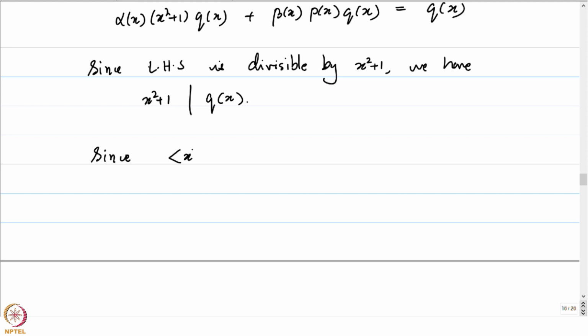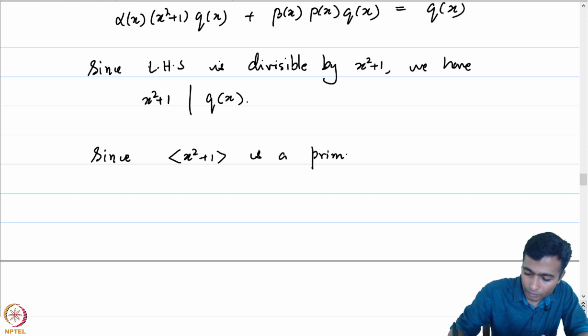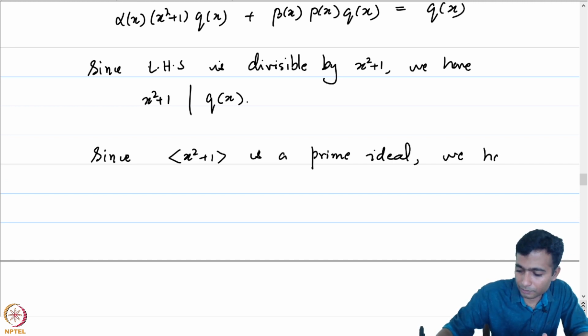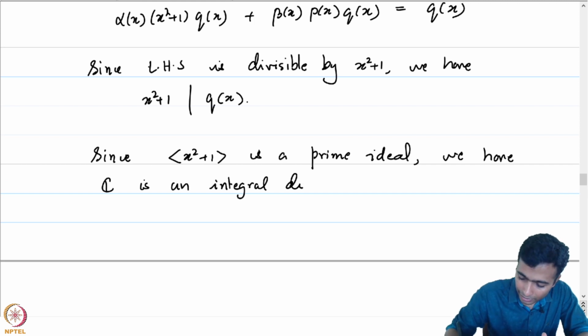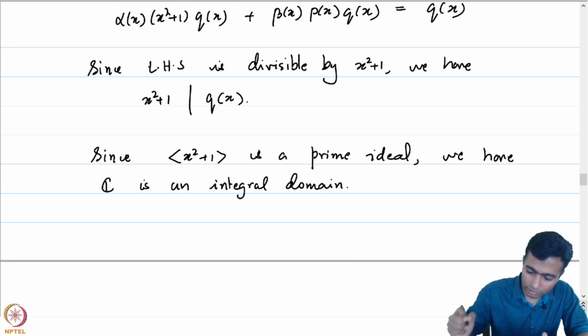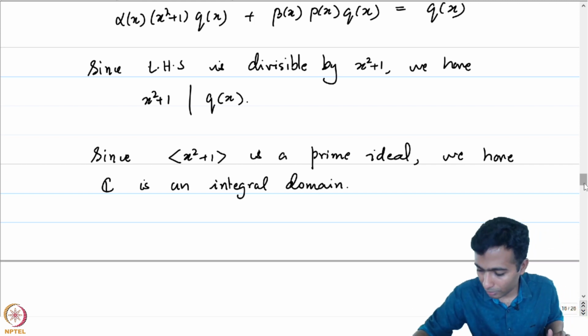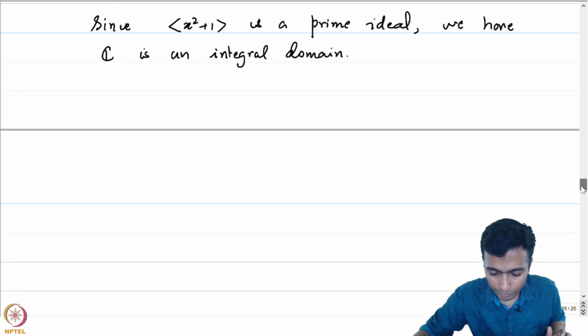Since x square plus 1 generates a prime ideal, we have C is an integral domain. In fact, R of x being a Euclidean domain would have immediately told us that this is a maximal ideal, but let me not give that argument.